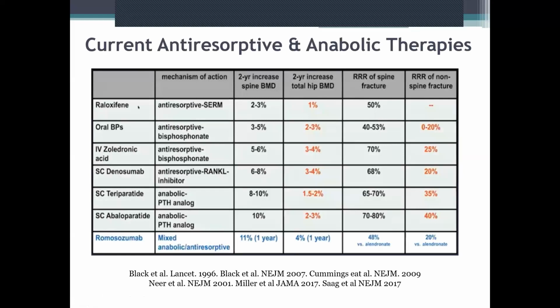Now, in primary care practice, most of the time we would be commencing patients on anti-resorptive treatment, and you're all very familiar with this. You start your patients who are at risk on bisphosphonates, oral bisphosphonates. If they require parenteral or IV bisphosphonates, then you might refer them to a hospital or a specialist practice. And of course, denosumab, something that you are familiar with, and you start your patients on denosumab.